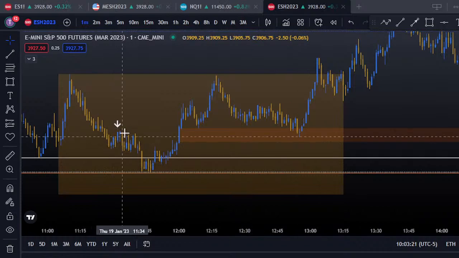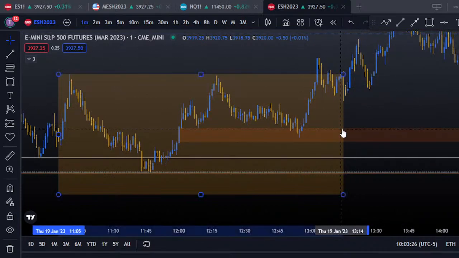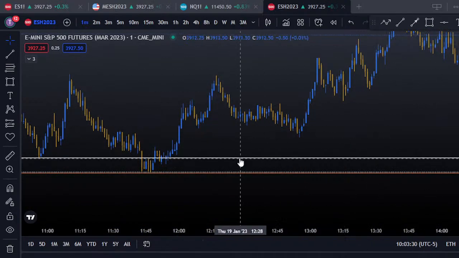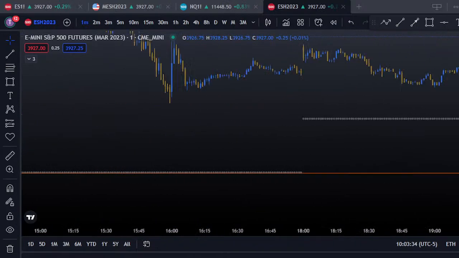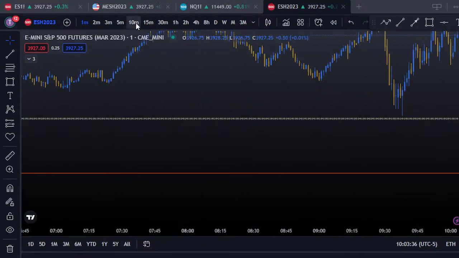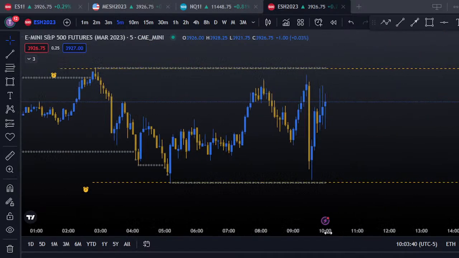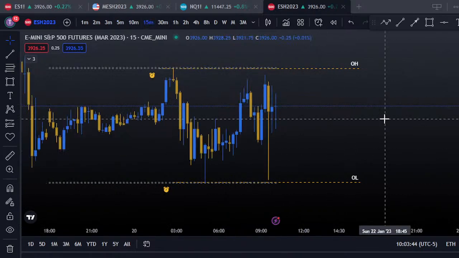I would understand the market. I would understand what ICT was teaching as far as liquidity goes, but I was having a serious problem with where to enter my trades.